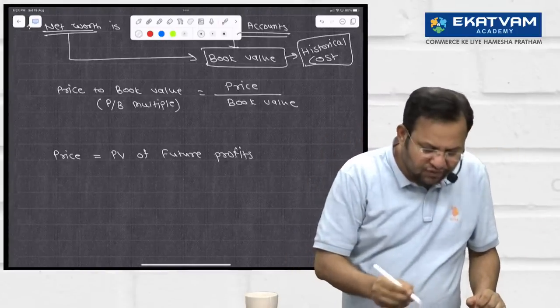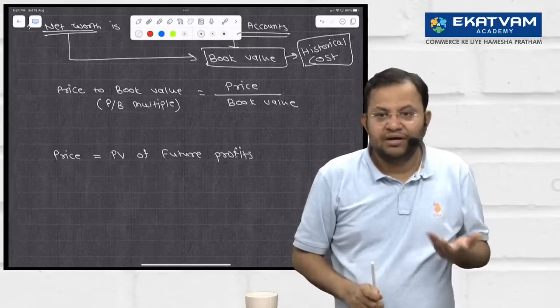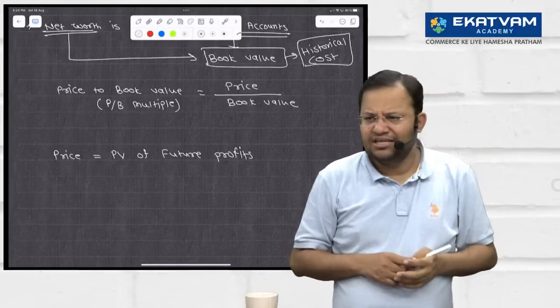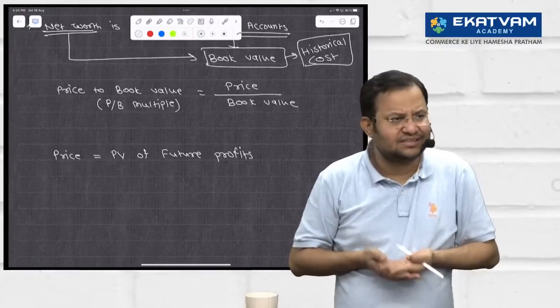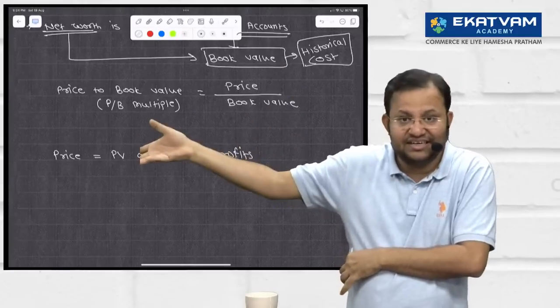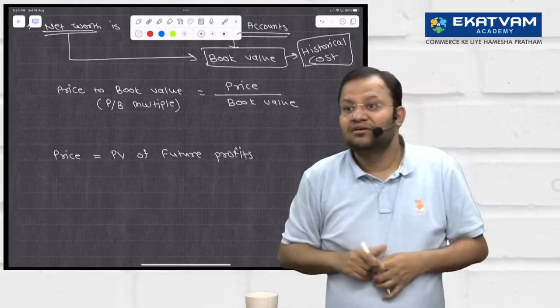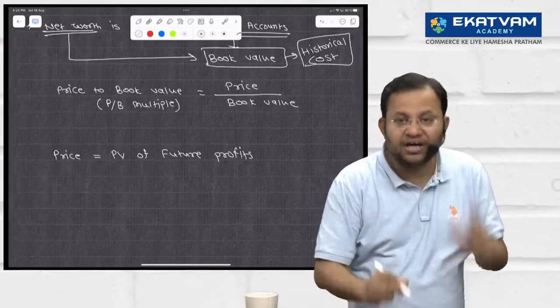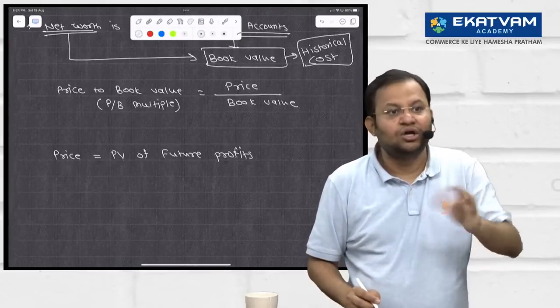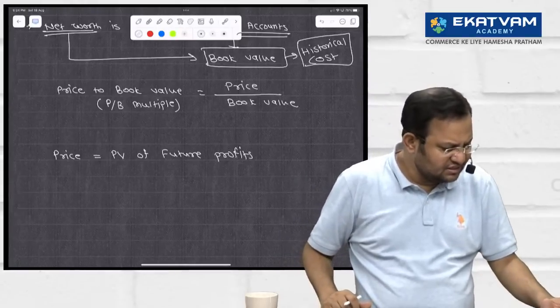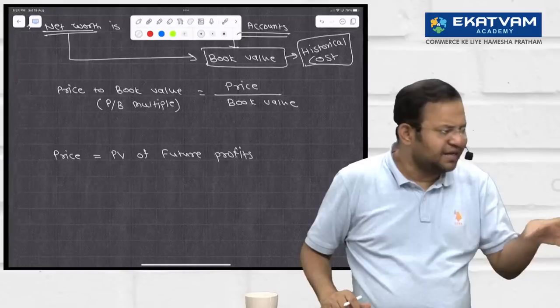Now in this price to book value ratio, price might be more than the book value, or it might be less. When will price be less than the book value? When the market expects no growth in future, and if this company sells its assets, it will not even get the book value. This calculation can be done on a per share basis or on a total basis. Let's say book value is 500, but the price is 400.